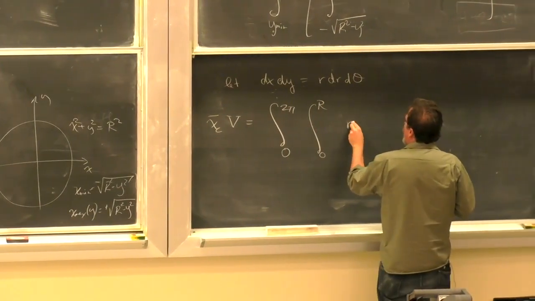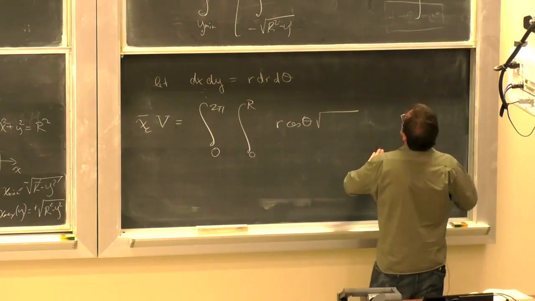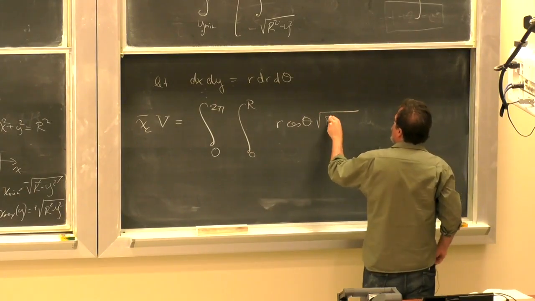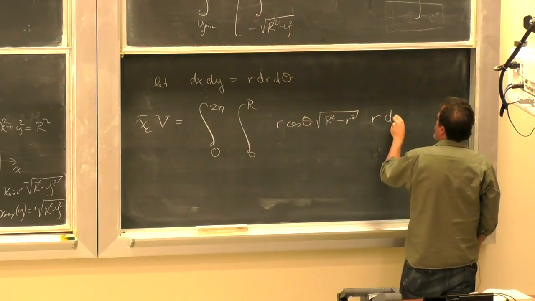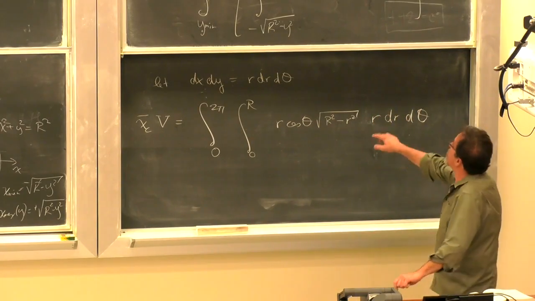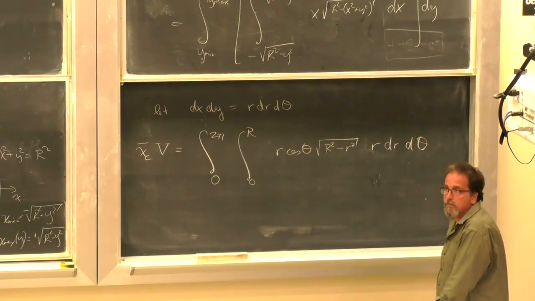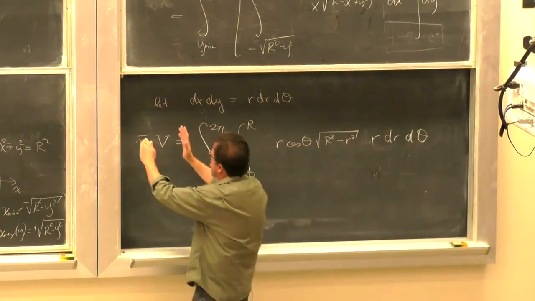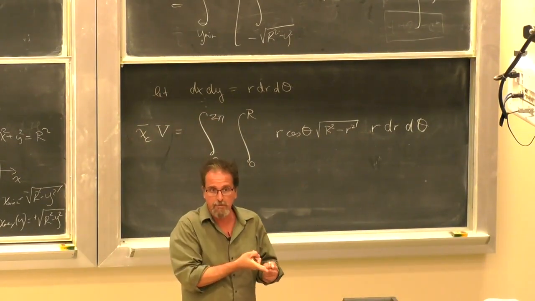X is equal to r times the cosine of θ, and then inside the radical, I have R squared minus little r squared, and then I have to integrate that r dr dθ. So that's the same integral as the first line, except I've expressed it in polar coordinates. I can't change the left-hand side; it's just two numbers, volume times the x component of the centroid.